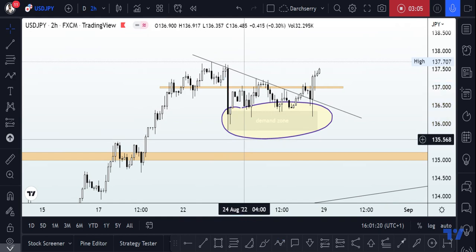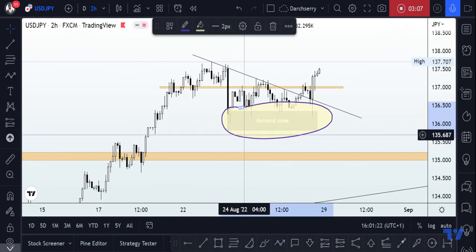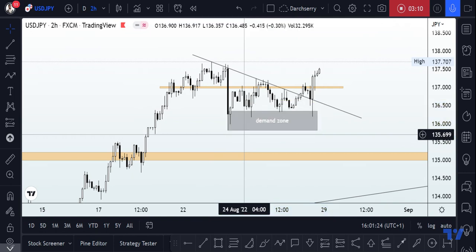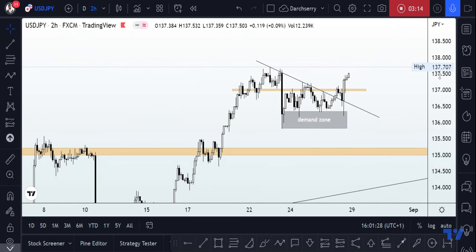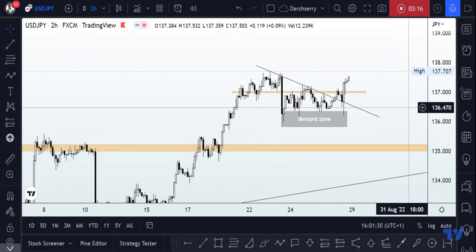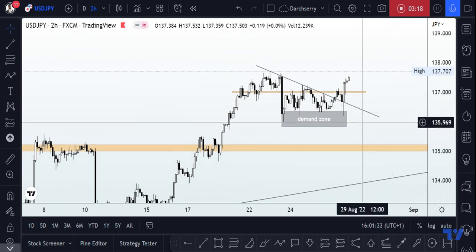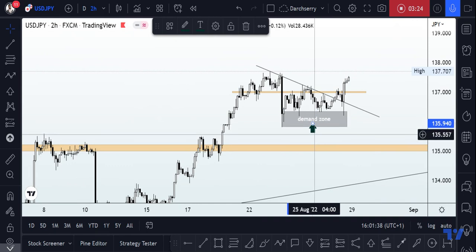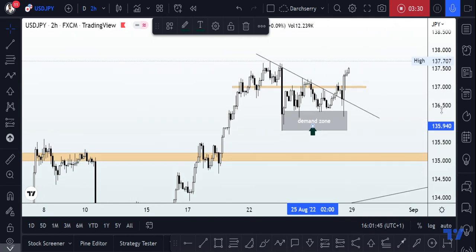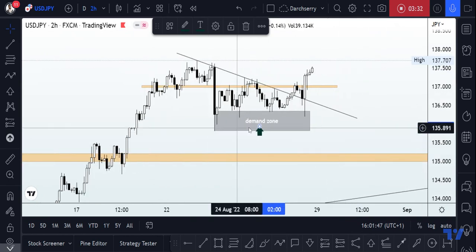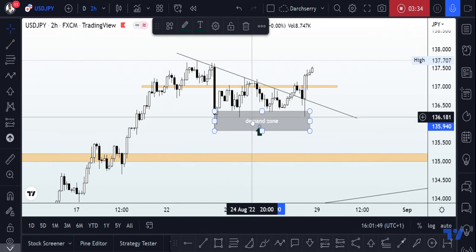So all our hopes that price is going to come back into the neckline to give us a retest of structure to confirm that theoretical perspective of a reversal pattern were dashed, as multiple rejections of the 136 Japanese yen sent price to the upside, also giving us a clue into the strength of the sellers at this point in the market. Because of this, I was able to identify a demand zone here around the 136 area.